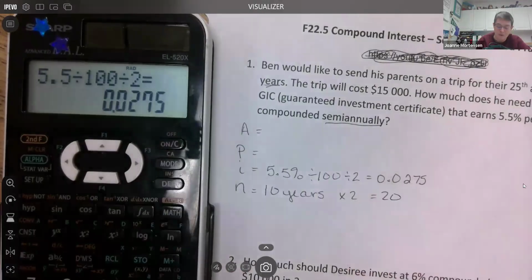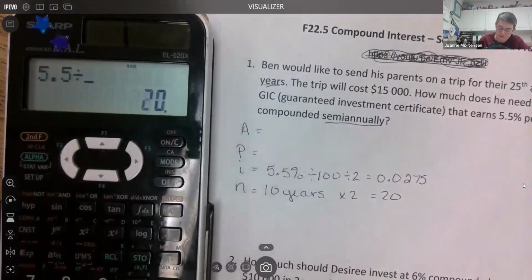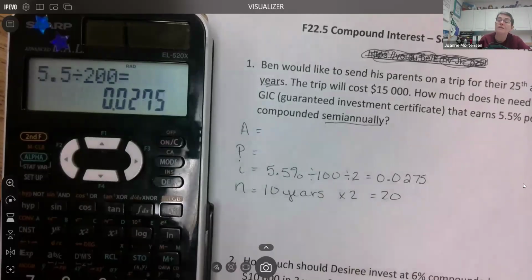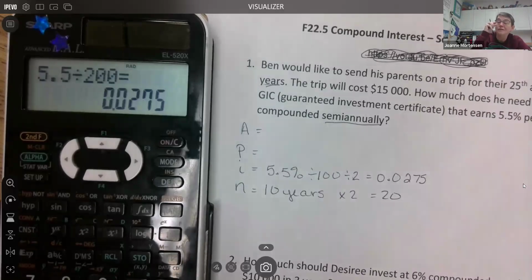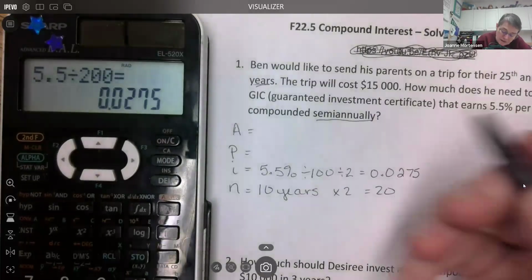By the way, I'm going to show you some magic. 5.5 divided by, check it out, 200. Bloop. Exactly the same answer. So you can just multiply these two and save yourself a very small number of keystrokes, if it makes you happy.